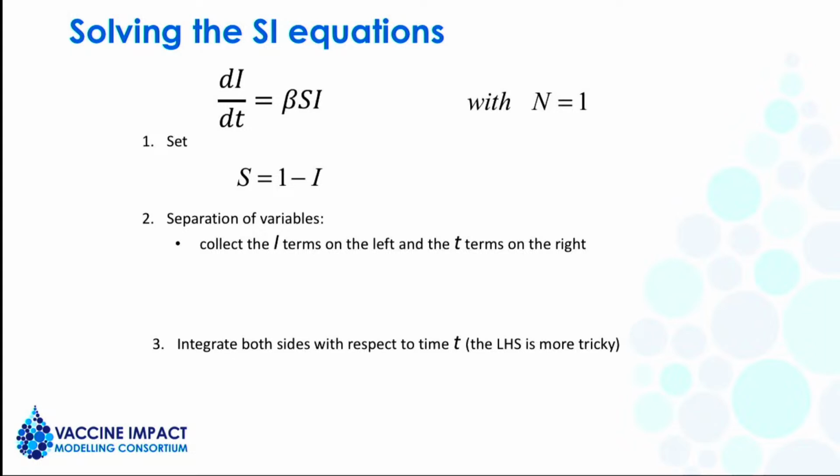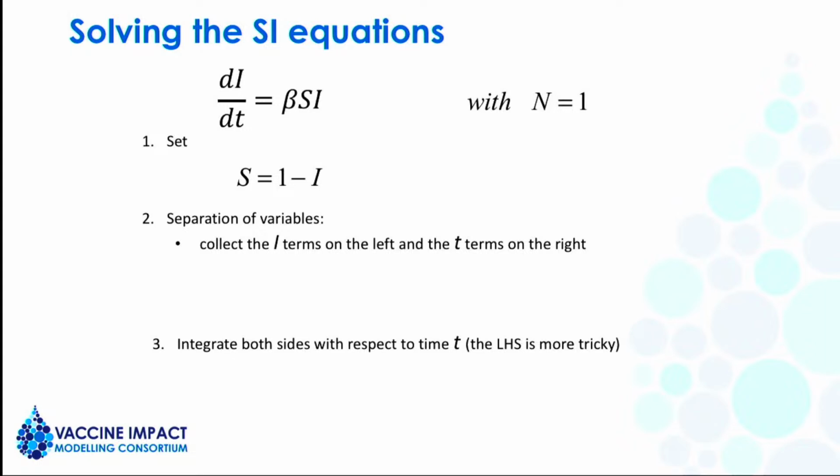So with this, we can start in this very simple model to solve these differential equations, or think about what the equilibrium might be that we've already started looking at. Okay, so everyone in our population, in our total population n, is either susceptible or infected.